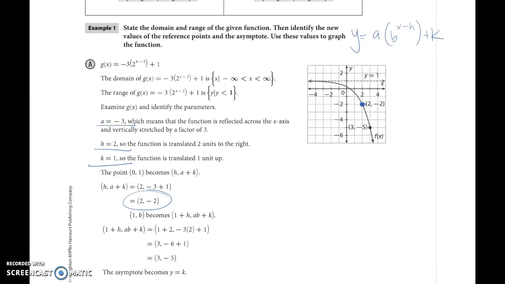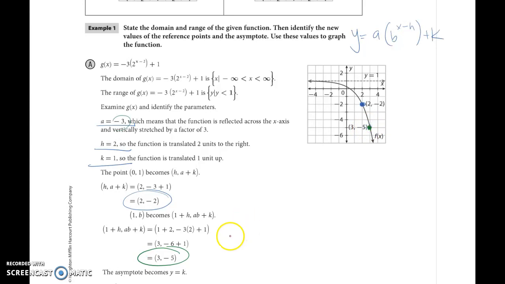And then (1, b) becomes 1 + h, so 1 + 2, which is 3. And then b becomes a times b, so a was -3, so -3 times 2, plus 1, because 1 was k. They're just plugging in numbers and simplifying, and they're saying that this is your new point, so we have (3, -5).